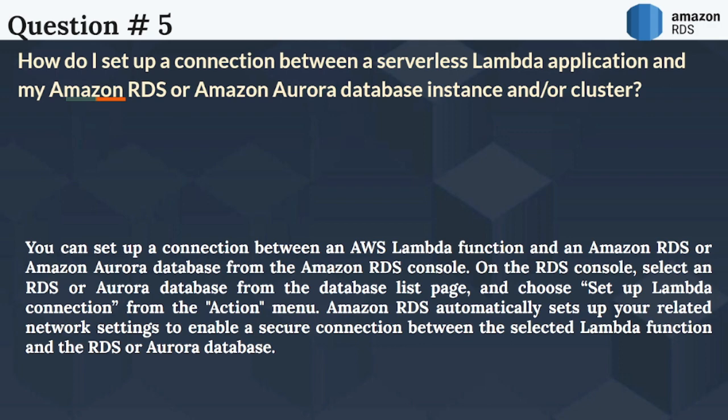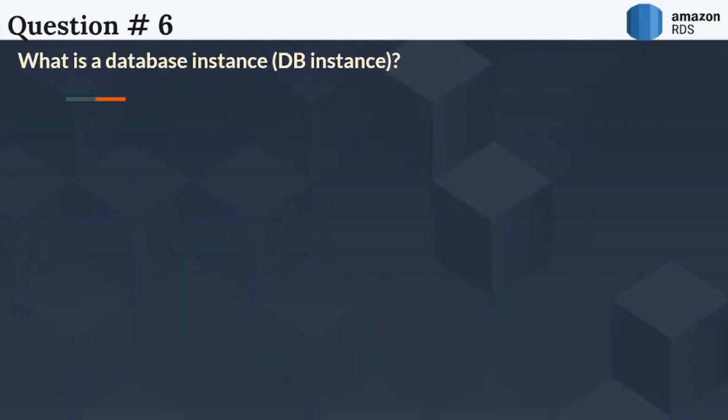On the RDS console, select an RDS or Aurora database from the database list page and choose Set up Lambda connection from the action menu. Amazon RDS automatically sets up your related network settings to enable a secure connection between the selected Lambda function and the RDS or Aurora database. Let's see the next question.